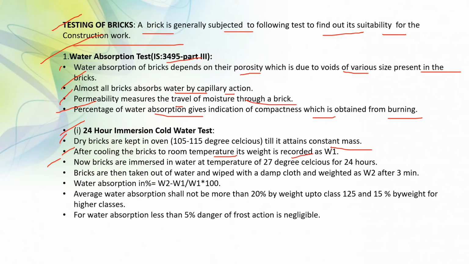Then bricks are immersed in water at a temperature of 27 degrees Celsius for 24 hours. Next, bricks are then taken out of water, wiped with a drying cloth and weighed. Next, water absorption in percent is given there.